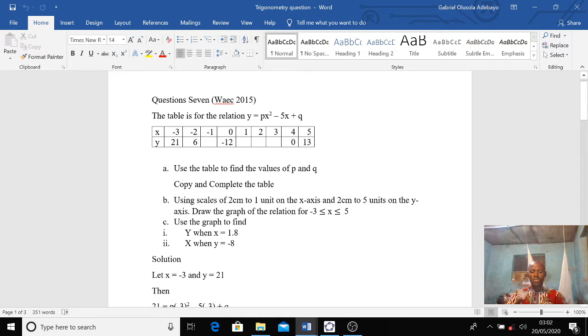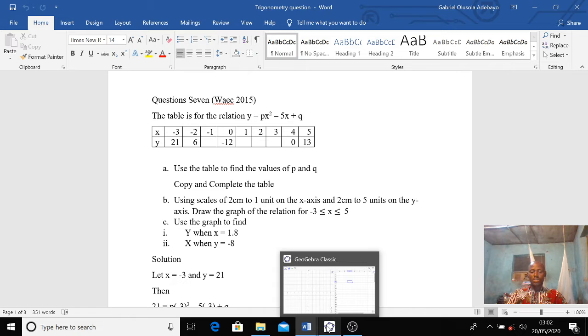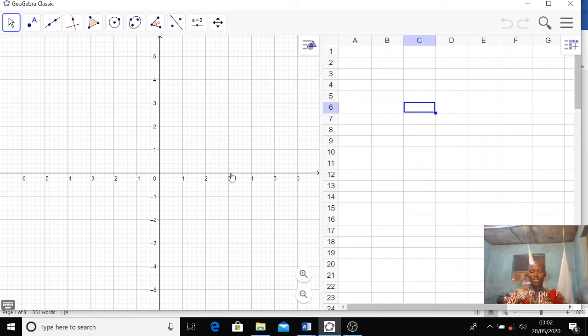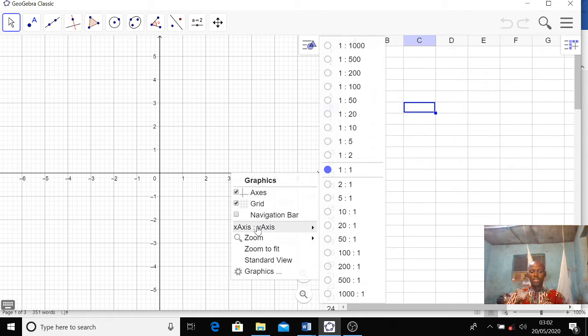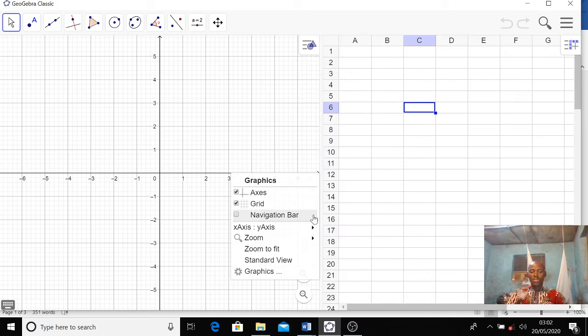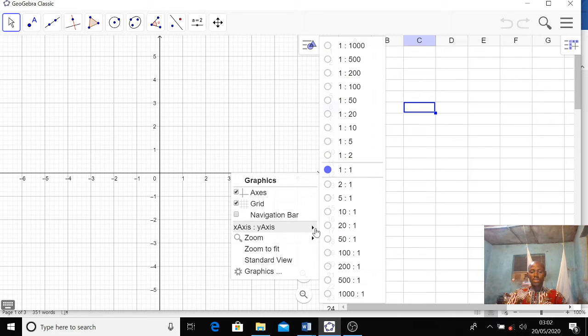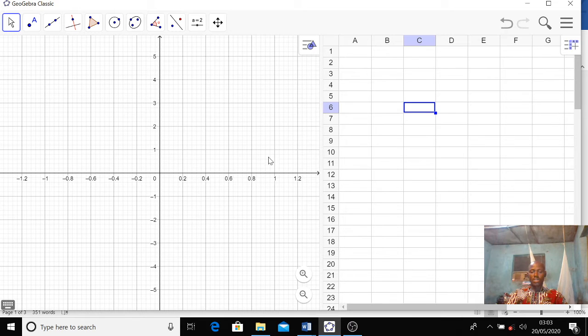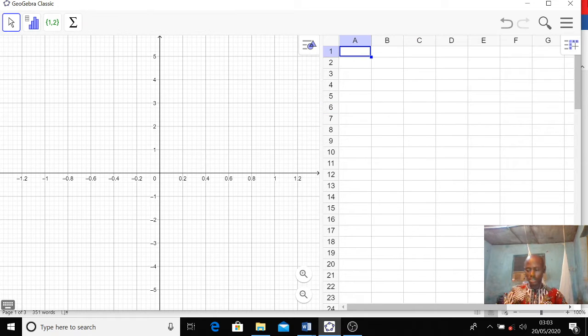We cancel it. So we are going to have 1 unit versus 5 units. So you just go here now. I click this, go to x-axis, go to this axis now, and pick 1:5. Okay, the graph will automatically adjust itself. So now let us plot the graph. You now write your points.